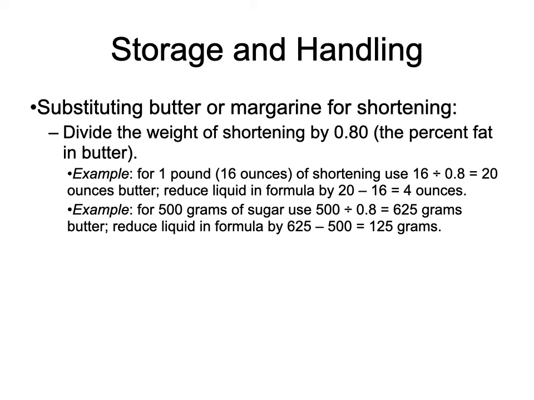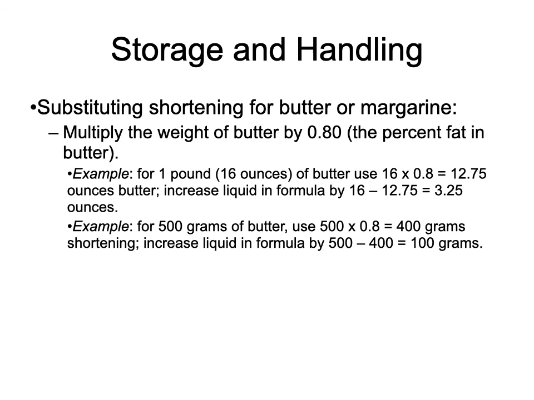So for a pound of shortening, you would use more butter to get the amount of fat you would to replace the shortening, but you would reduce the liquids overall by about 20%. What that would do is approximate the amount of fat and the amount of liquid from the original recipe, now using butter instead of shortening.